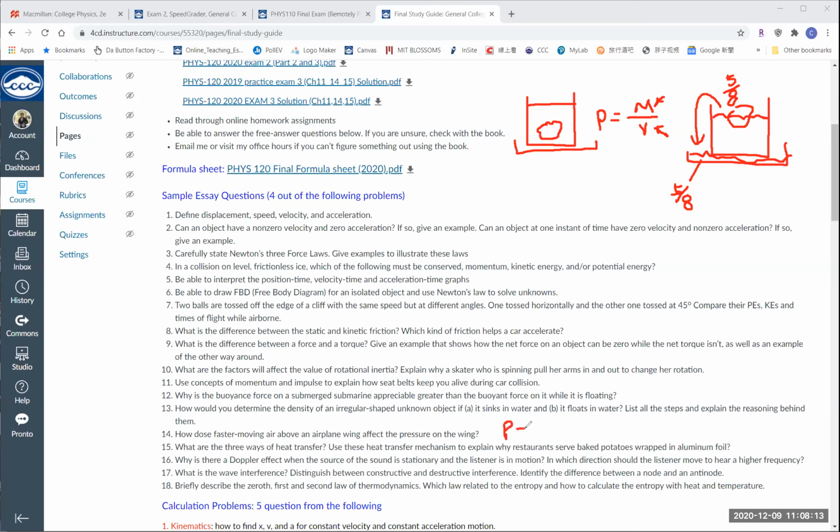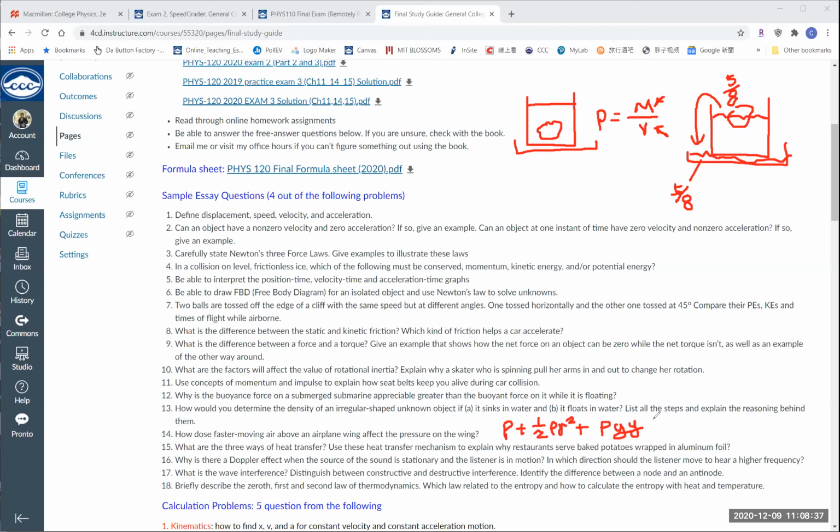P plus 1/2 rho v squared, where v is the speed, plus rho g y. This is going to be a constant.